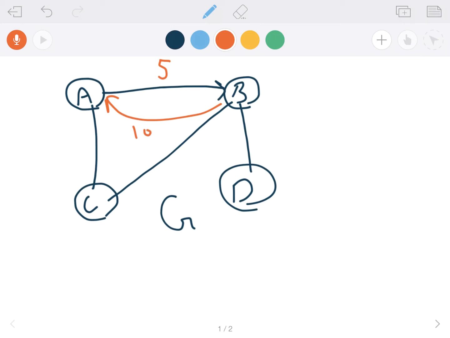So we call this graph a weighted graph. And let's say that the cost from A to C is also equal to 6. So we call this a weighted graph.